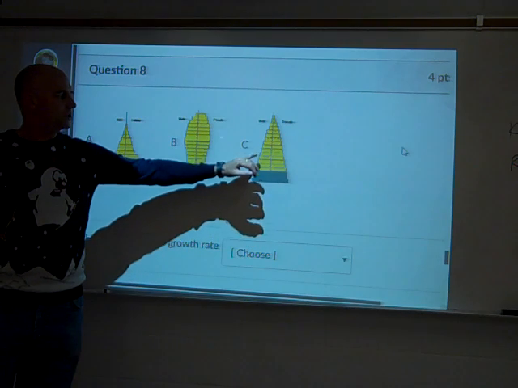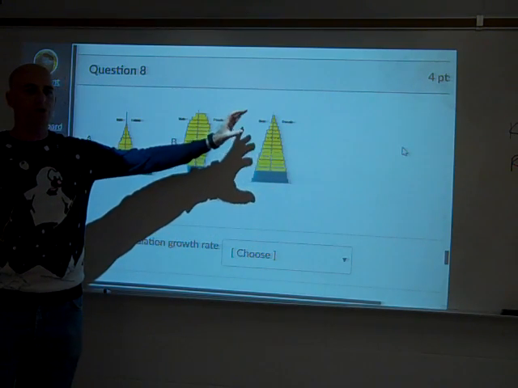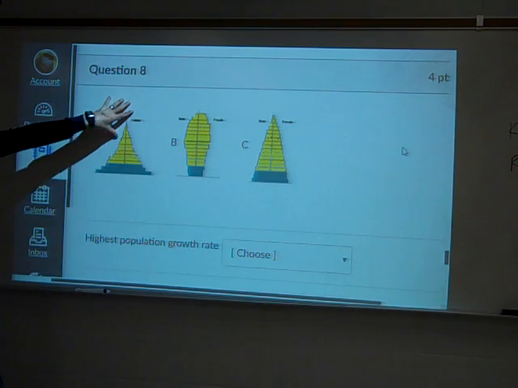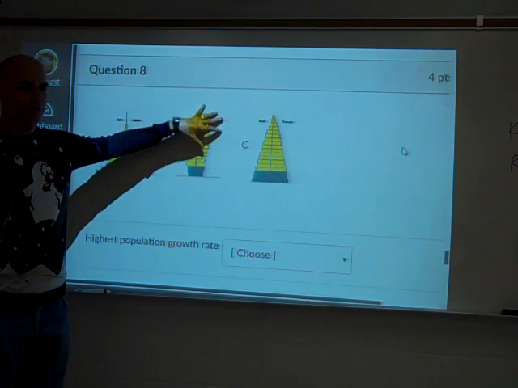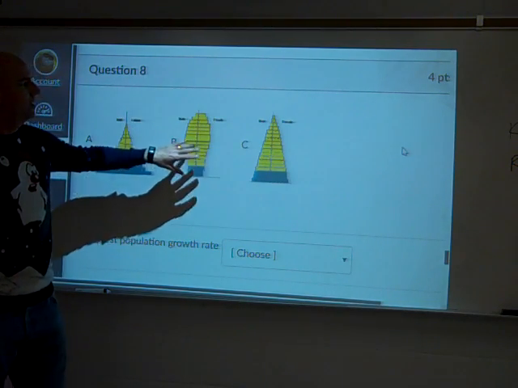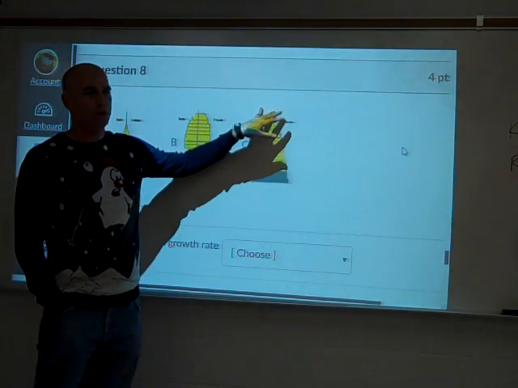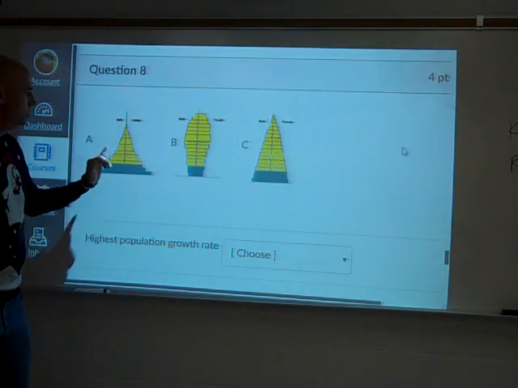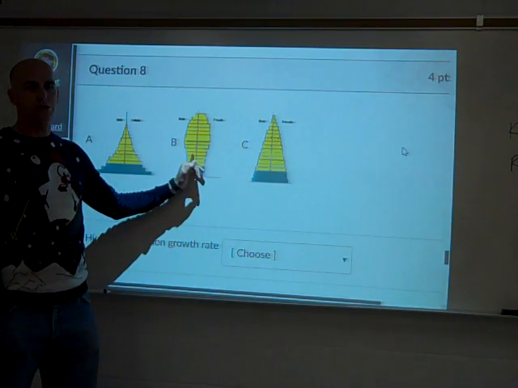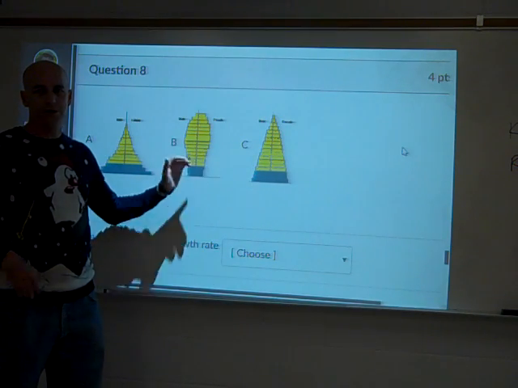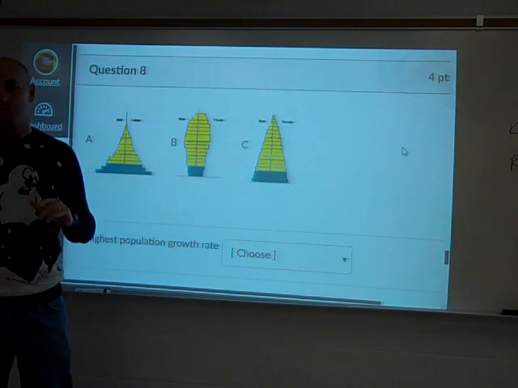In this case, you will have slow to 0 growth. So fast population growth, 0 to negative for B, and then 0 to slow. And so this is transitional, industrial, post-industrial. You'll notice the pre-industrial is not on there. Pre-industrial we don't usually use histograms for.